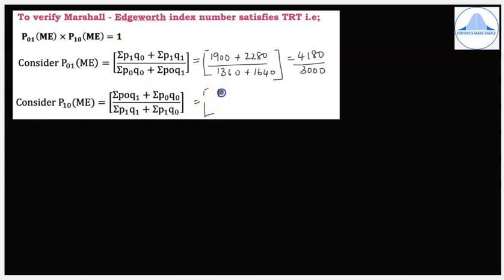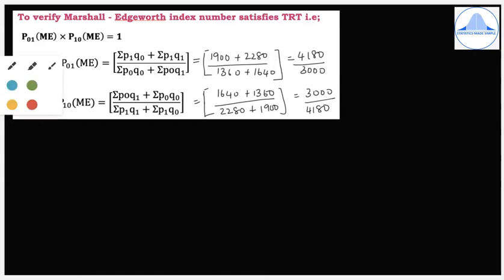So it is 1640 plus 1360 divided by 2280 plus 1900. So which simplifies to 3000 divided by 4180. So now let us find out the product.